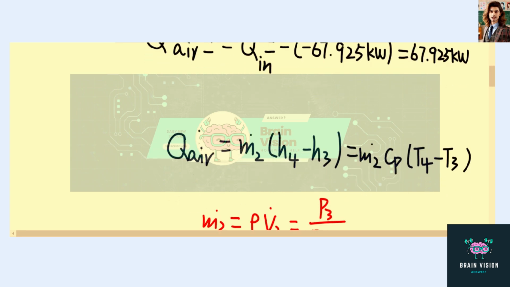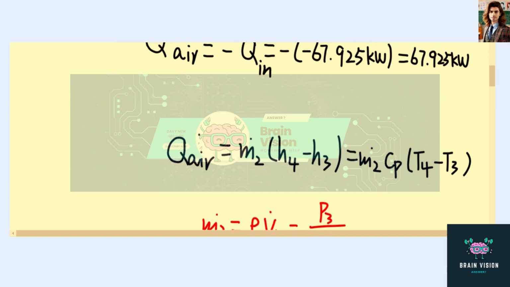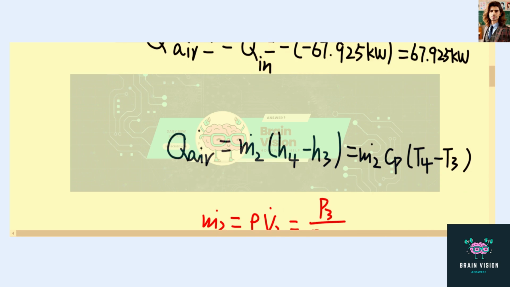So now let's determine the exit temperature for the air, which is the outlet temperature of the air. First we need to set up such equation here, which is Q dot air is equal to M2 dot times H4 minus H3, which is equal to M2 dot times Cpa times T4 minus T3. Cpa here is the specific heat for the air.